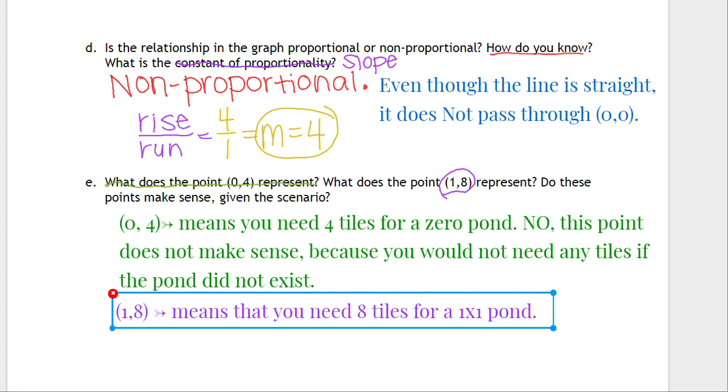And does this make sense in this scenario? And yeah, actually it does, because we saw the example in our model where when we had a side length of 1, it required 8 tiles. I'm just going to write yes. This makes sense.